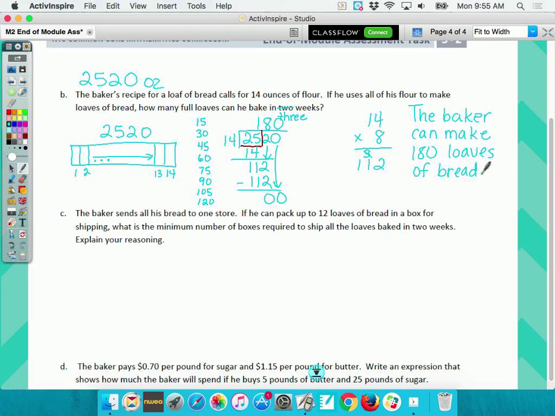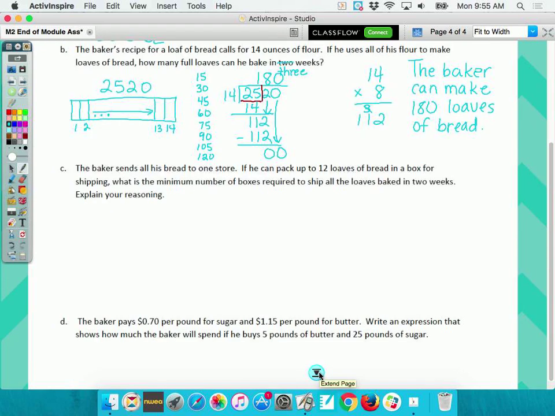I know you did, because you would get an answer and then you had to decide how many of those would fit in each box. Remember those questions? So we have 180 loaves of bread, correct? Okay.